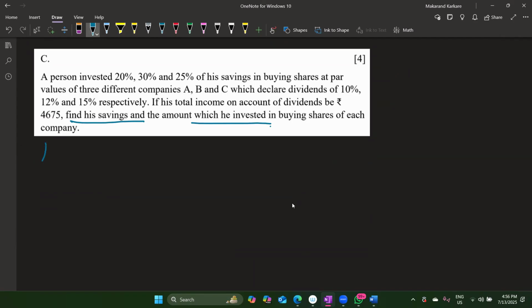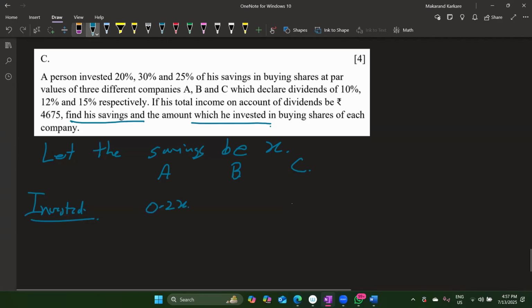So we will start by saying let the savings be X. So amounts invested in A, B, and C. What is 20%? 20% of X is going to be 0.2x or X by 5. We can take that.